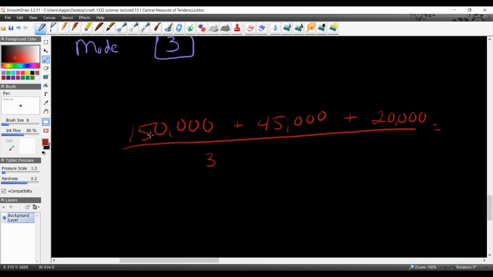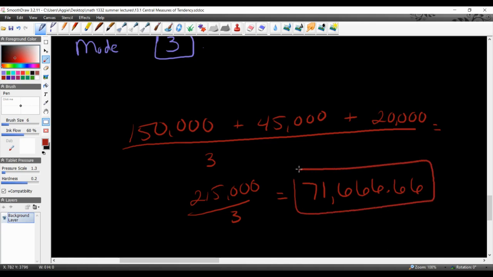So 150 plus 45 is 195, plus 20 is 215,000, divided by 3. So this comes out to 71,666 with 66 cents.